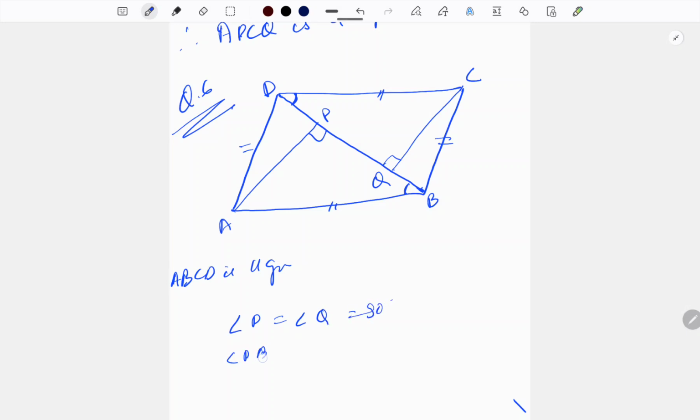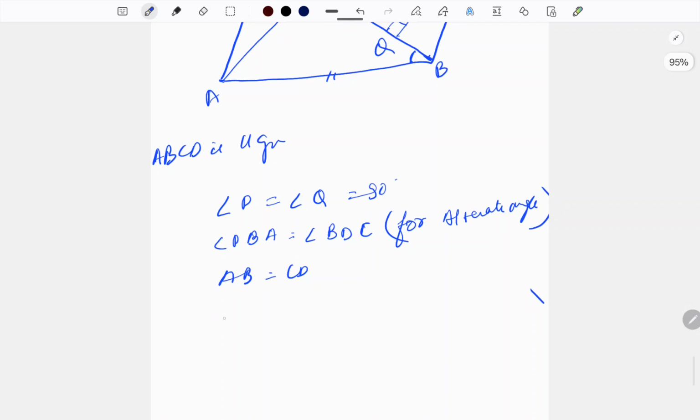Angle PBA is equal to angle BDC for alternate angles. Okay, and the last part goes on as AB is equal to CD.